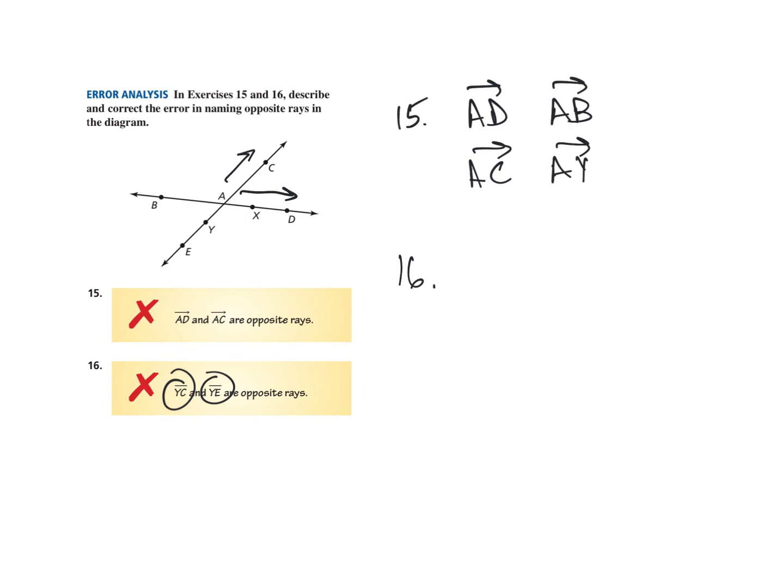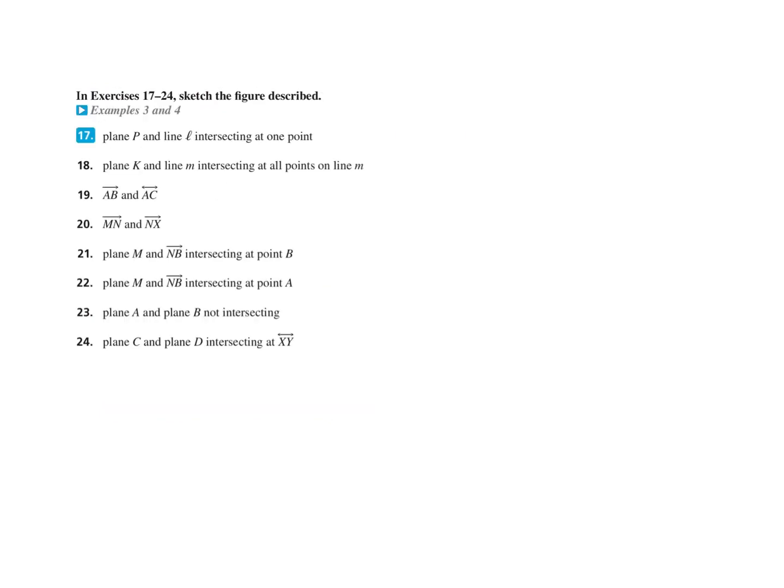Okay, let's go to the next set. Number 17. You're supposed to sketch these things. Plane P and line L intersect at one point. So we draw a plane, and this is plane P. And we're just going to draw a line that comes down and hits, this would be line L, hits plane P, intersects it, and goes through underneath it.